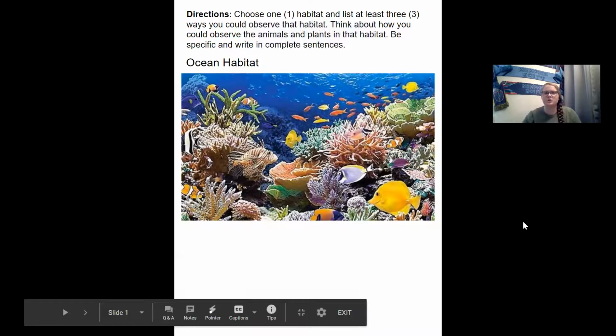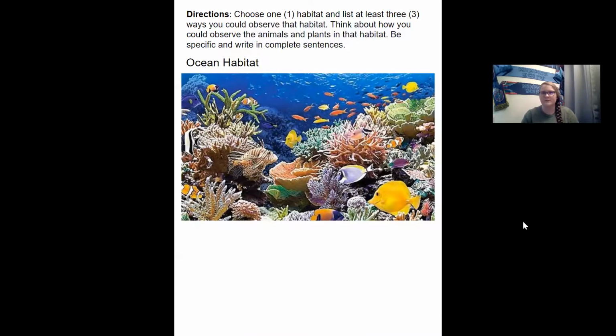It's going to have a picture of an ocean on it at the beginning. The directions say, choose one habitat and list at least 3 ways you can observe that habitat. Think about how you could observe the animals and plants in the habitat. Be specific and write in complete sentences.